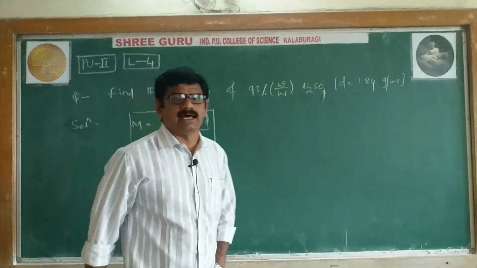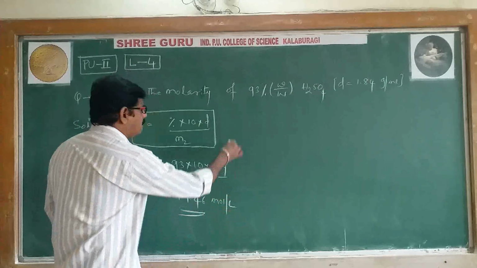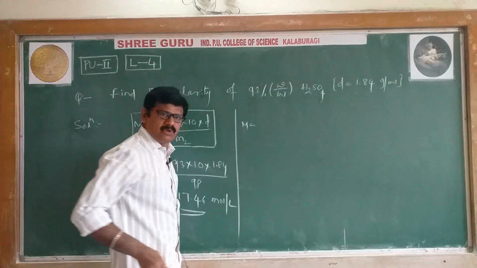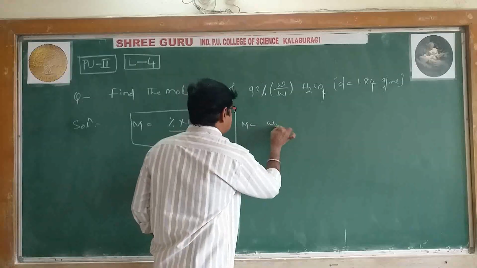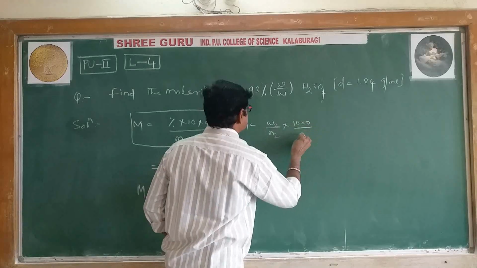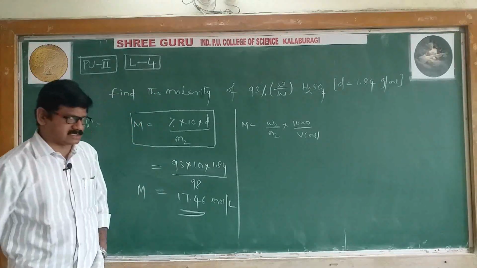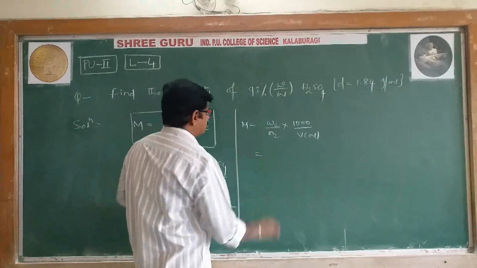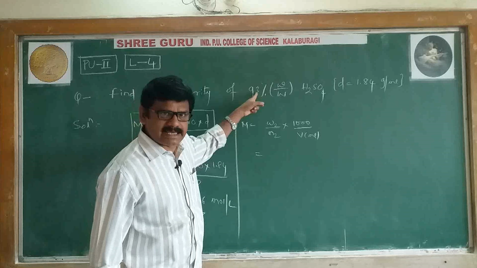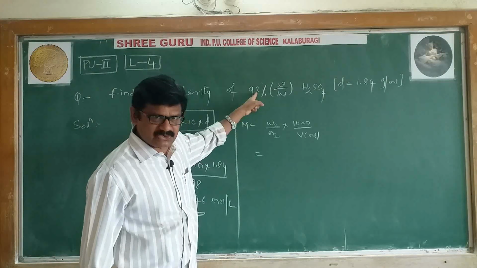Or we can also solve with our regular traditional method. We'll write again the molarity formula: mass of solute by molar mass of solute into 1000 divided by volume of solution in milliliters. W2, the mass of solute, whatever the percentage given, is nothing but the mass of solute only.